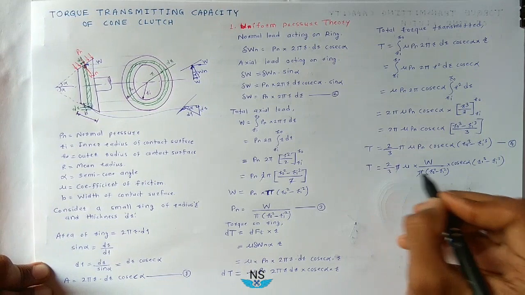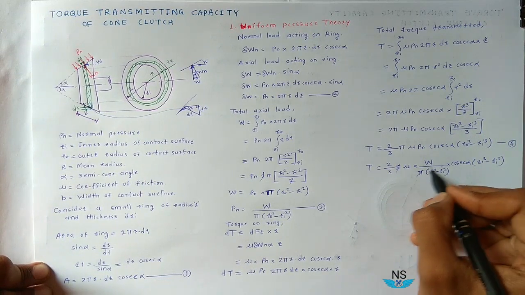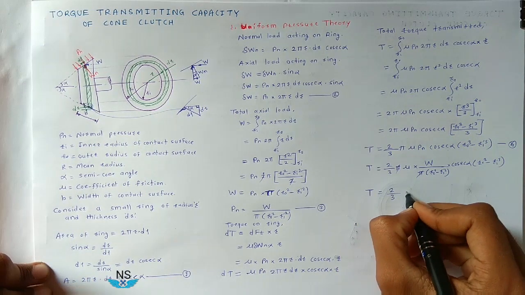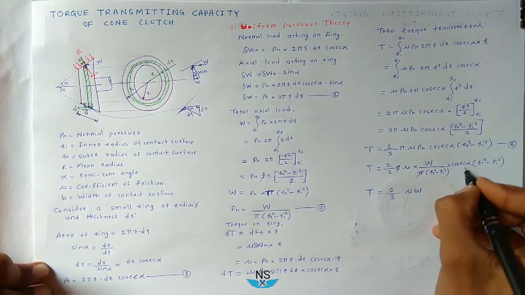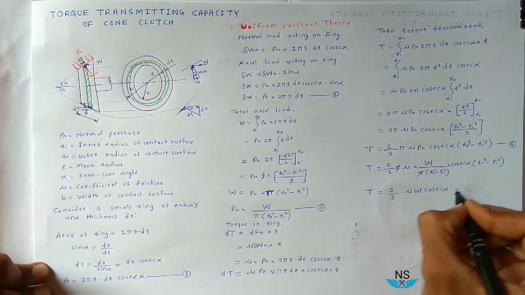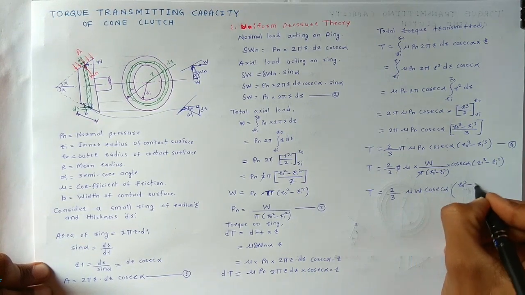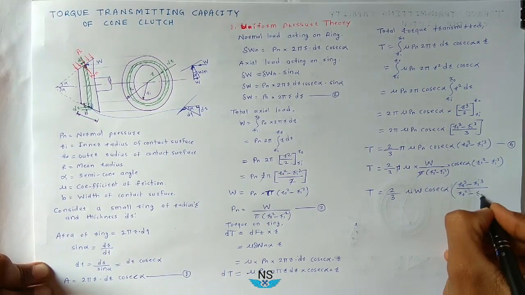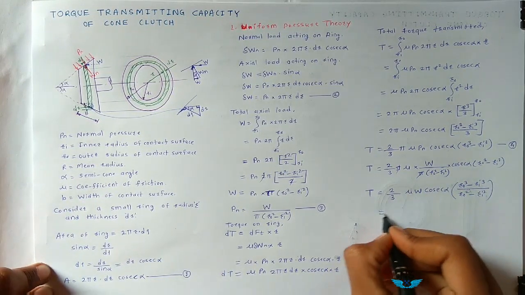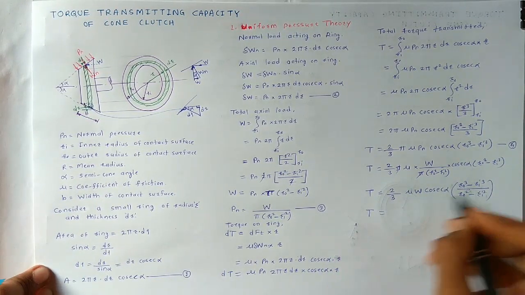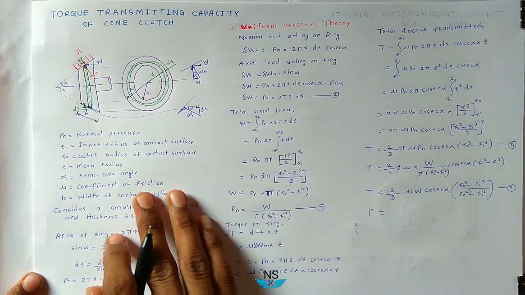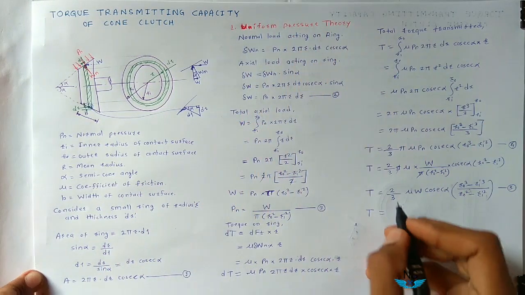Now the pi gets cancelled, and the remaining equation is 2 by 3 mu W cosec alpha into Ro cube minus Ri cube divided by Ro square minus Ri square. So this is the equation for the torque transmitting capacity of a cone clutch using the uniform pressure theory.